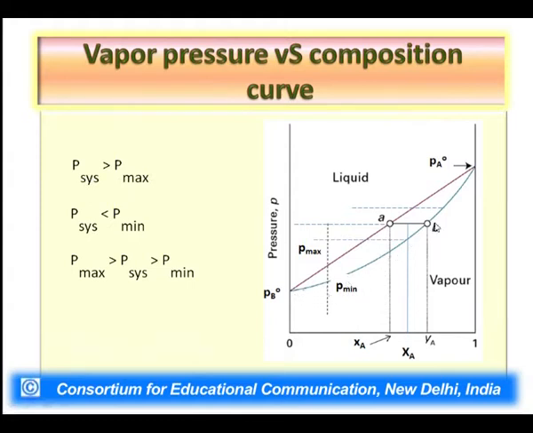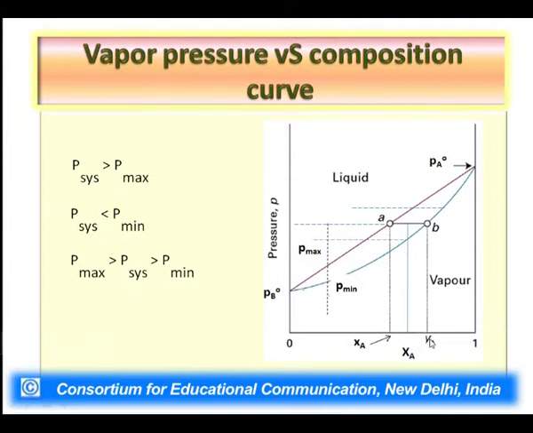It is important to note that on the x-axis lies the composition. This composition could be of the liquid phase, which is represented by the symbol small xa, or of the vapor phase, which is represented by the symbol small y with subscript a, that is ya.